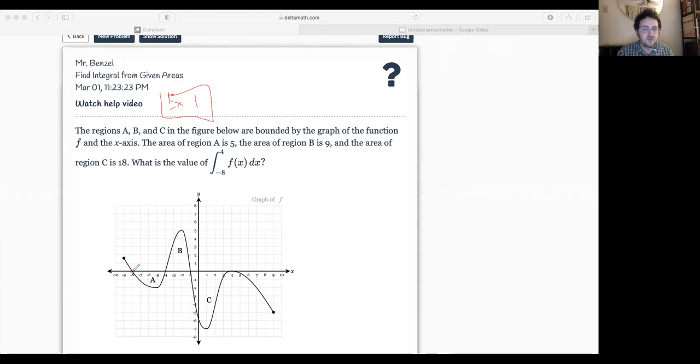So I'm going to shade between the function and the x-axis. Coloring is not perfect, but that's okay.